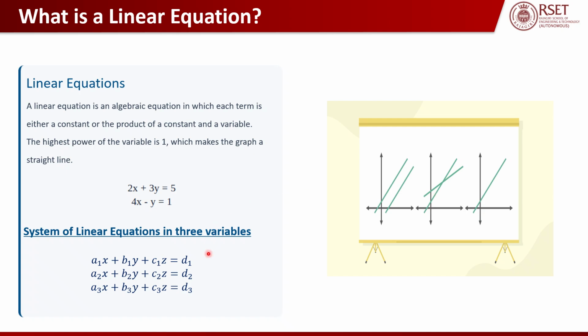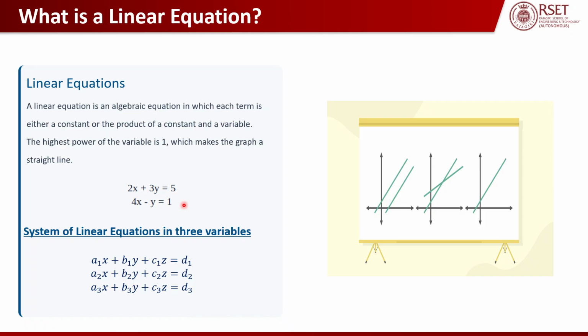In this chapter, we are mainly discussing the system of linear equations in three variables. You can see there will be three variables, x, y, and z, and you will have numbers or constants, a1, a2, c1, d1, like that. As there are three variables, you will get three equations. If there are two variables, you will get two equations.